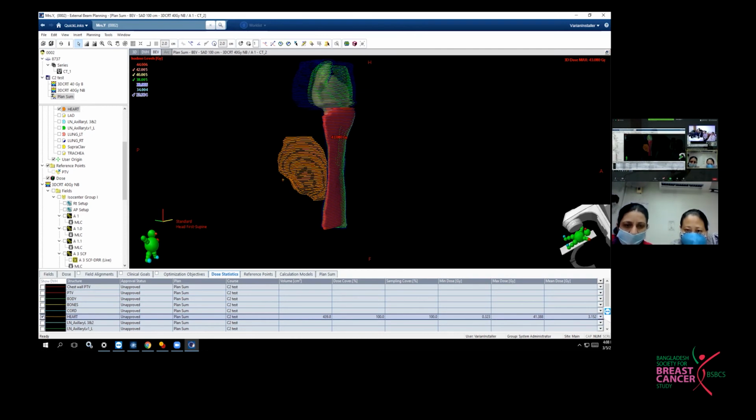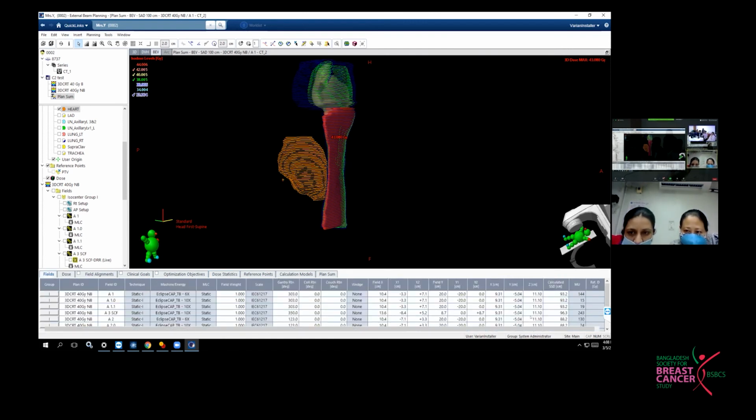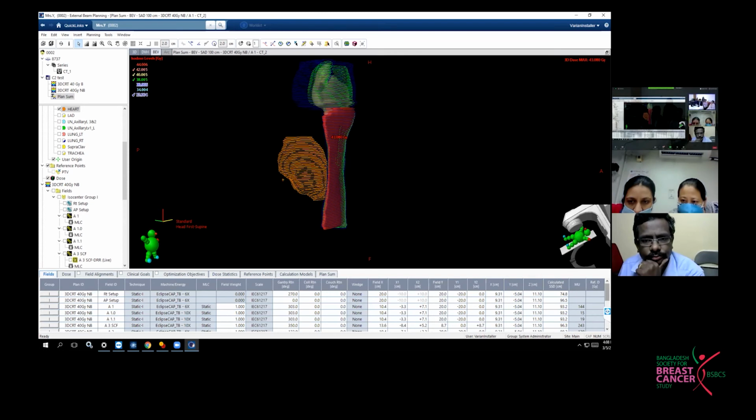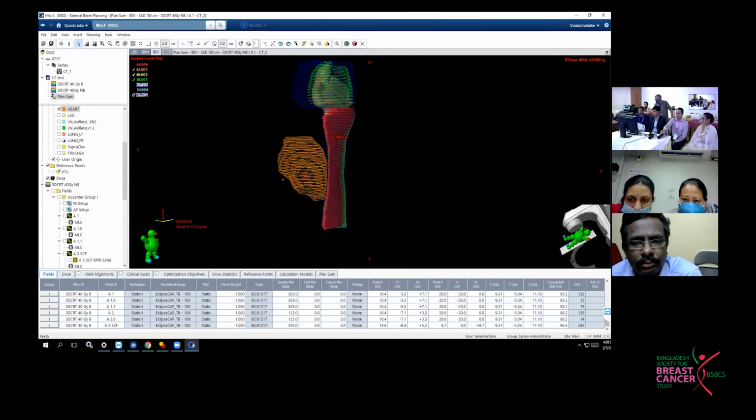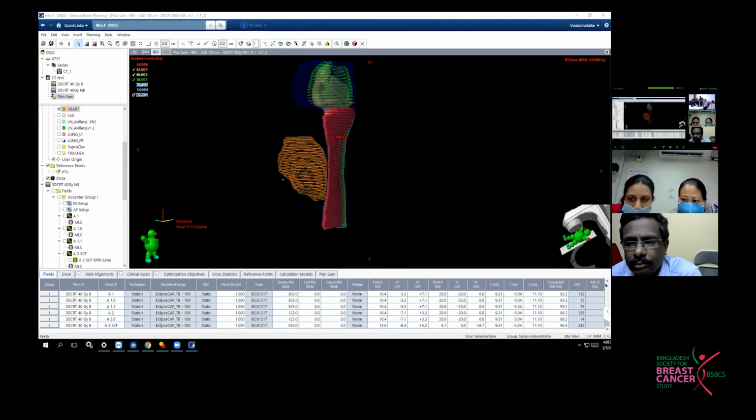We would also check all the isocenter positions in the supraclav field and the tangential field. So it is the same. That has to be checked.